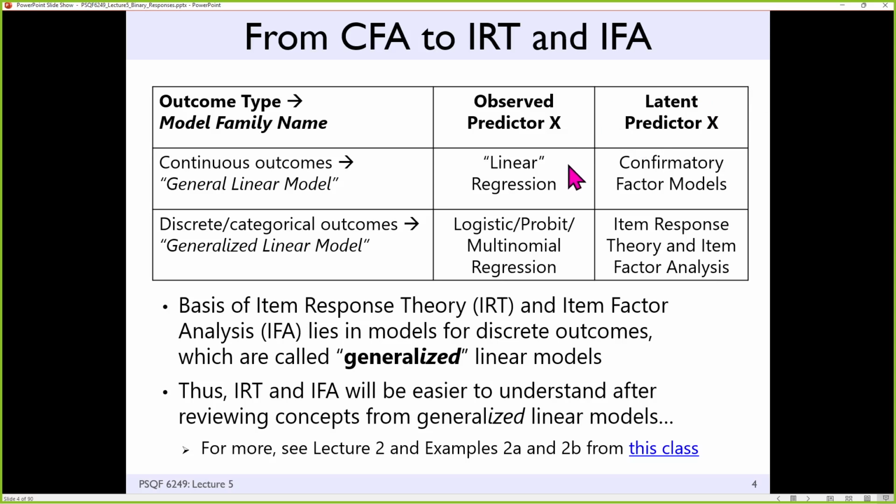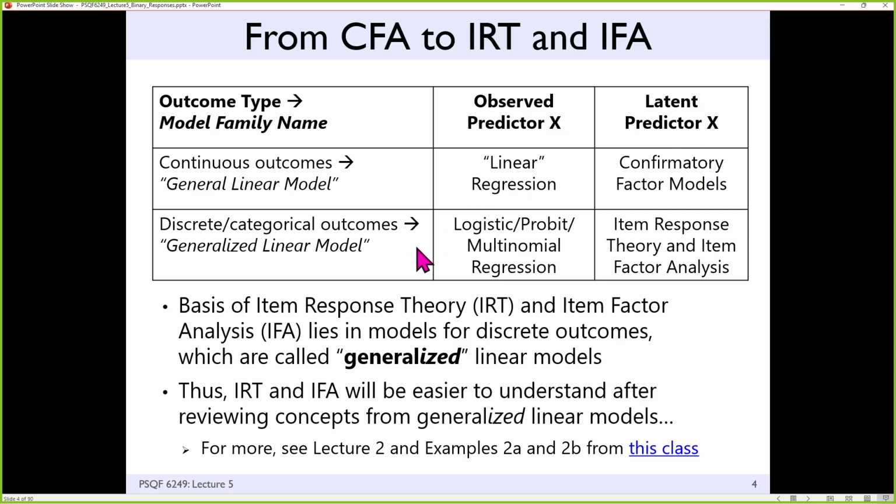So I'm drawing the parallel between a confirmatory factor model and linear regression quite directly because they do the same thing. The only difference is what kind of predictor variable you have. It's called a general linear model or just linear regression if you have an observed predictor, whereas we have a latent, imaginary predictor, which itself would have to be estimated after the fact, and that's confirmatory factor analysis.